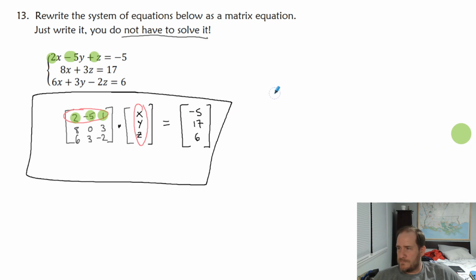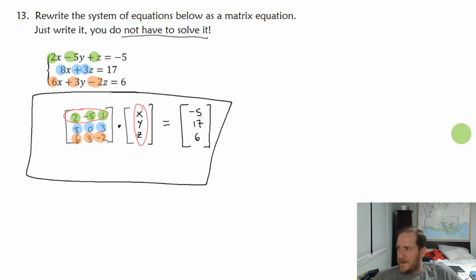It's those coefficients. Then you've got 8 and, there is no y, but there's a 3, so I guess it should be 8, 0, 3. There's your next batch of coefficients. Then you've got the 6 and the 3 and the negative 2. That's it. You write a big 3 by 3 matrix that contains all the coefficients of all 3 equations.